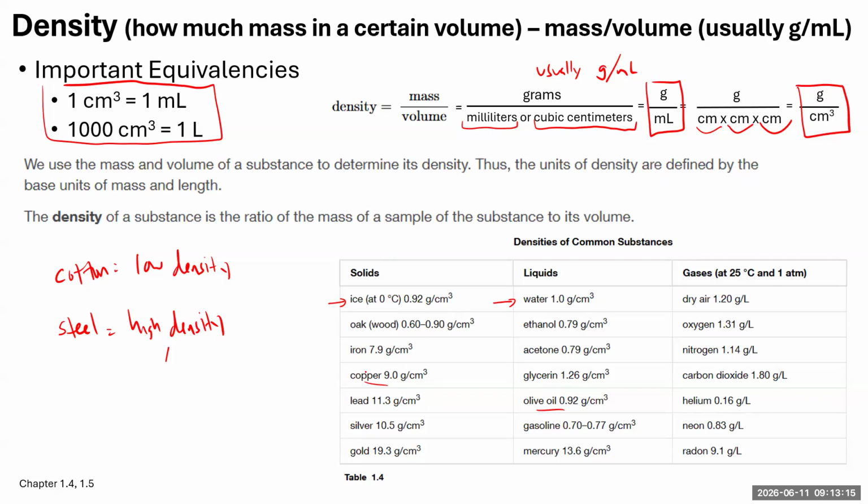But if you look at the differences here, copper has 9 grams per cubic centimeter. Olive oil has 0.9, so it's almost 10 times the difference. So if we dropped this piece of copper into the olive oil, the copper would sink because of the difference in densities, 9 versus 0.9.